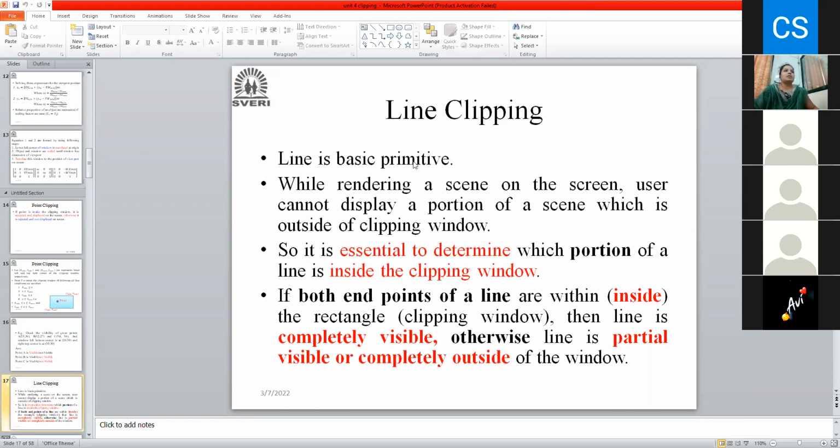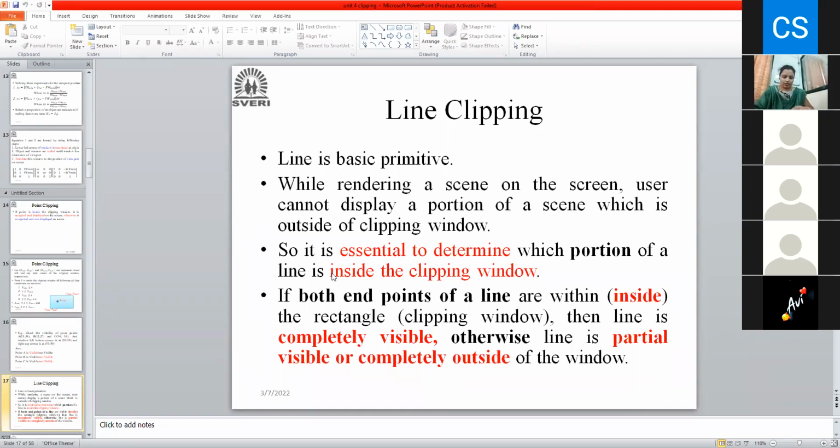A line is a basic primitive as that of the point. While rendering a scene on the screen, the user cannot display a portion of a scene which is outside the clipping window. So we know that if the portion is outside the clipping window, then we are not going to display it on our device. Else we are going to cut it.